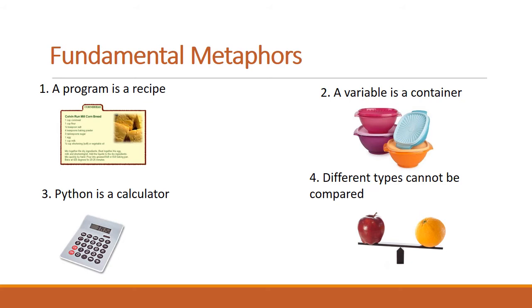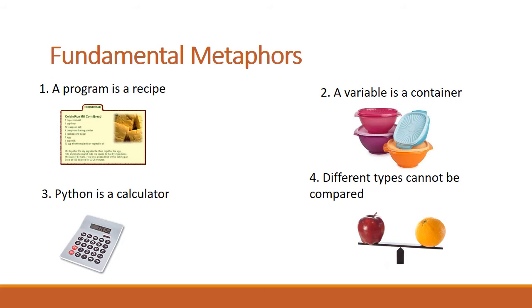As we receive input from the user, we're going to store that input in something we call variables, and we can think of that just as a container. Then we're going to process that input. In a lot of examples, we'll process that input and think about the central processing unit as a calculator.